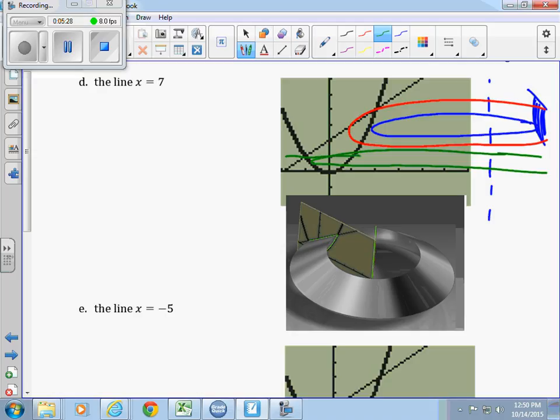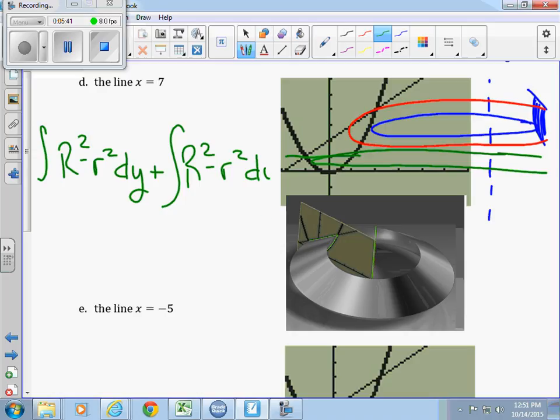So I'm actually going to need two integrals for this problem. Why am I doing dy, by the way? I'm rotating around a vertical axis, so dy. So I'm going to have to do two different volumes: the volume of the bottom piece and then the volume of the top piece.